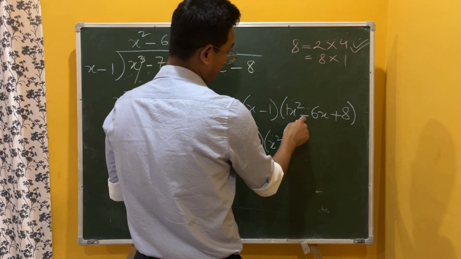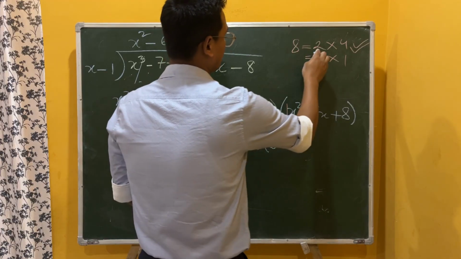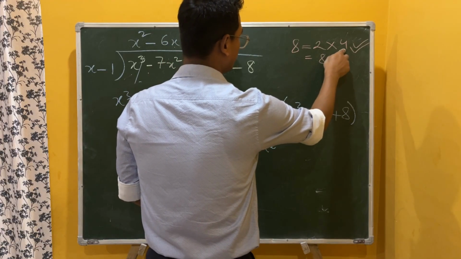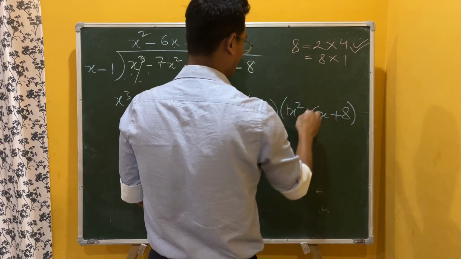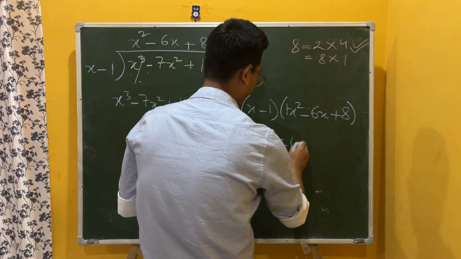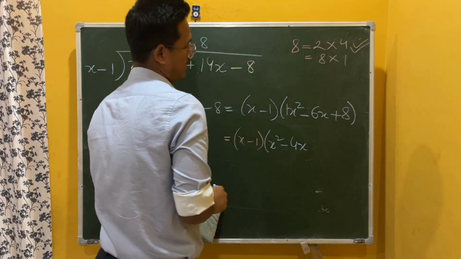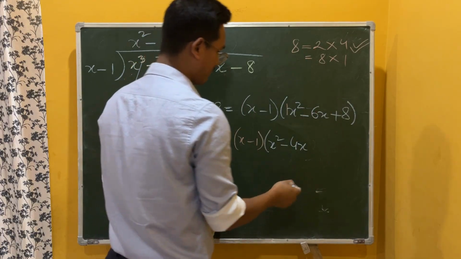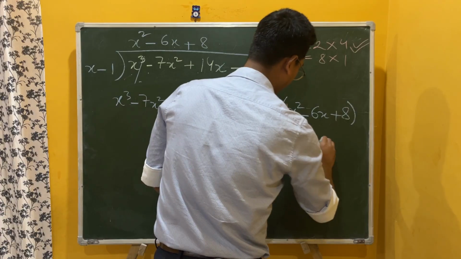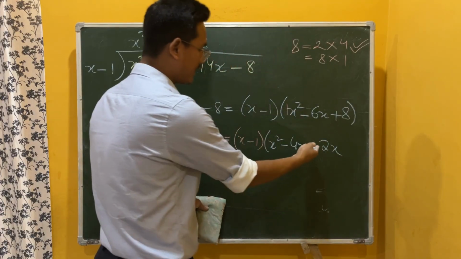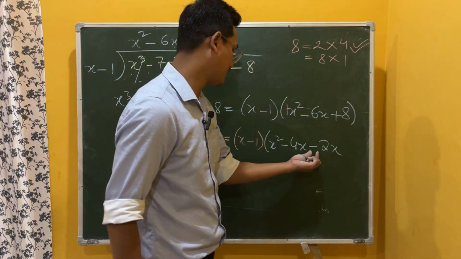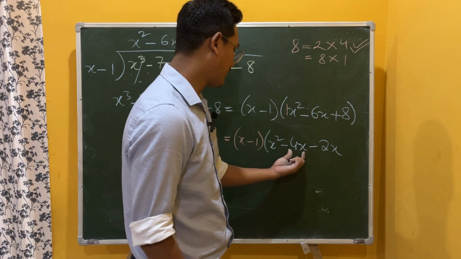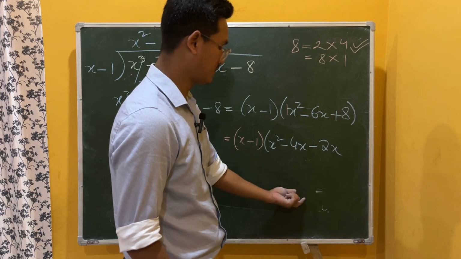You'll have to take care of this negative sign also. So choose the bigger number, give the bigger number this sign, 4x. Now this smaller number, you'll have to adjust by yourself. So you'll have to write minus 2x. You cannot write plus 2x. If you write plus 2x, it's going to be minus 4x plus 2x, that is minus 2x.